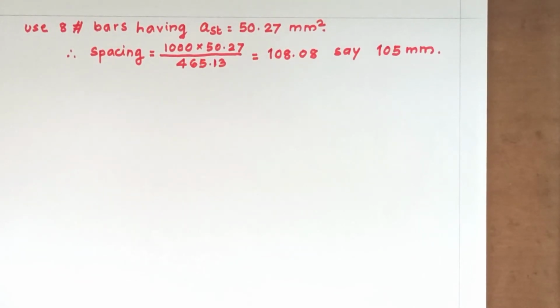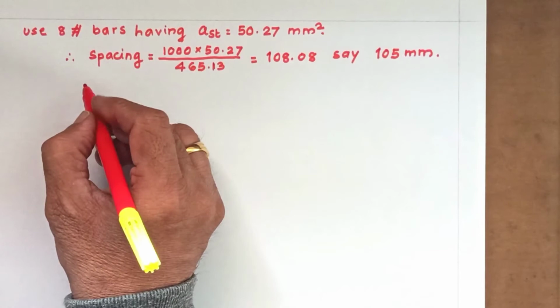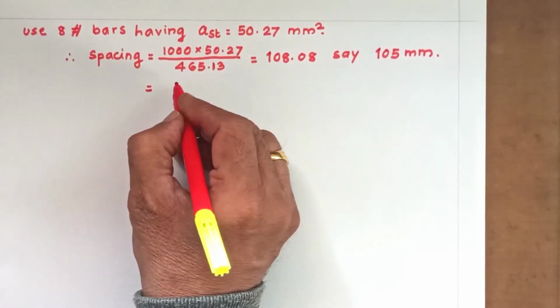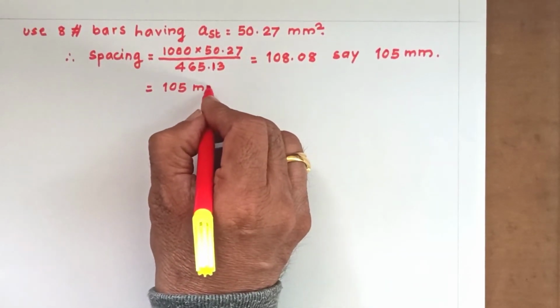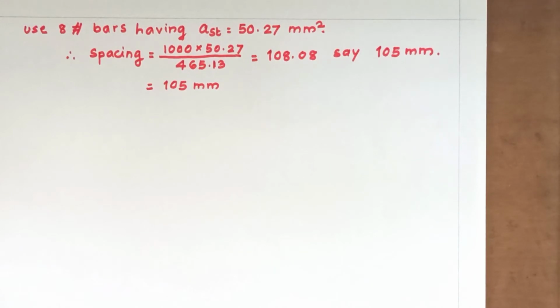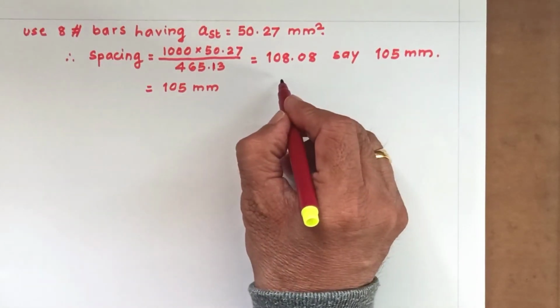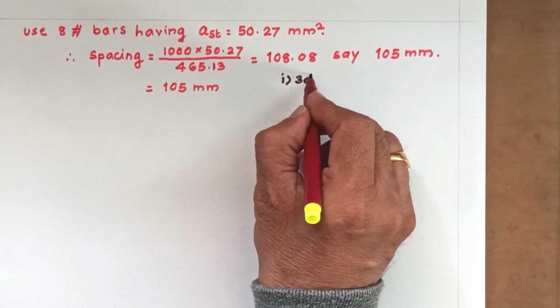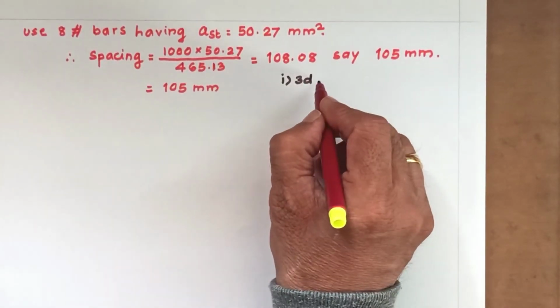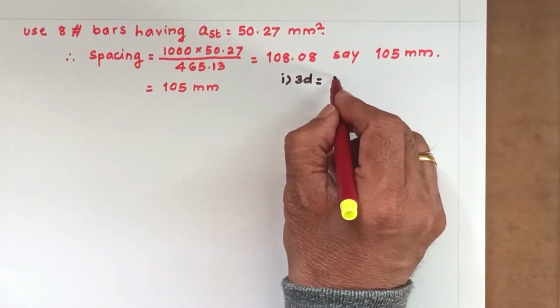So this spacing you will have to check for maximum one. Spacing is equal to 105 mm. Now what is the maximum spacing? First one is 3D, which comes out to be 3 into 160, that is 480 mm.